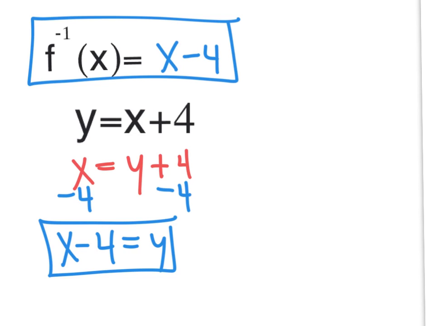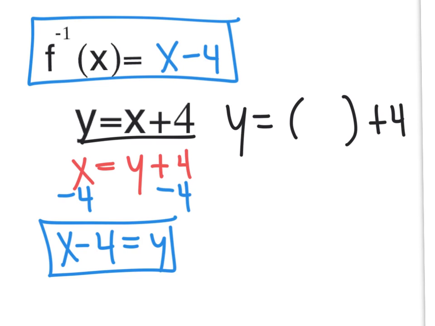So what I want to do is I want to rewrite this guy, y equals, but instead of x, I want to put parentheses and then plus 4. And what am I going to do? I'm going to plug in the inverse function, the x minus 4 part of it, that's the inverse function. I'm going to plug it in right into those parentheses, and I will get x minus 4.